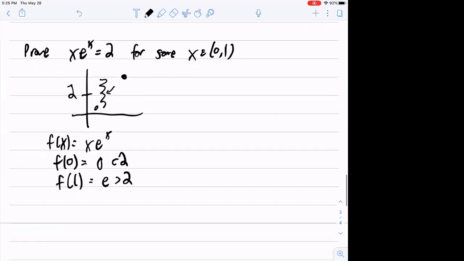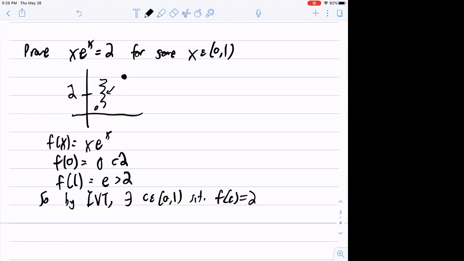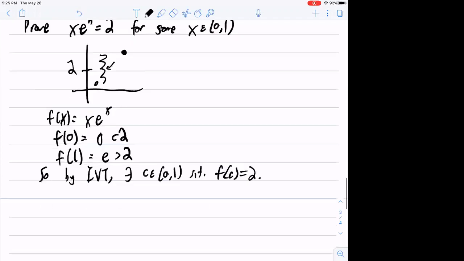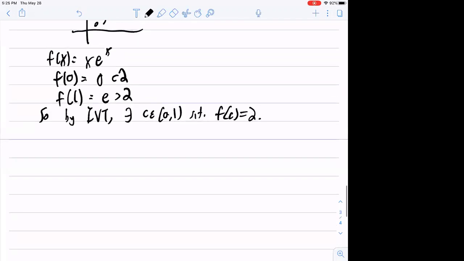So by IVT, there exists C in (0, 1) such that f of C is 2. Is everyone clear on how IVT works?